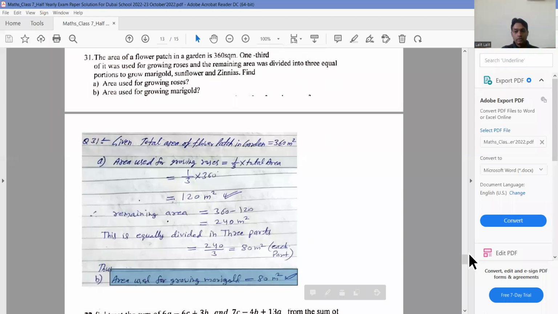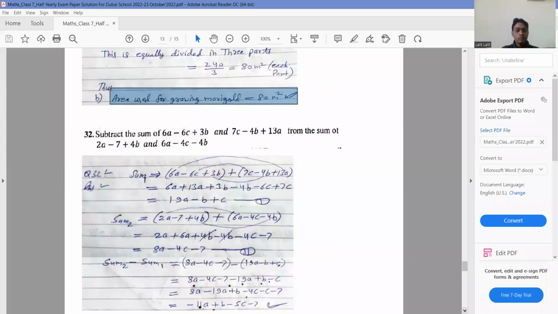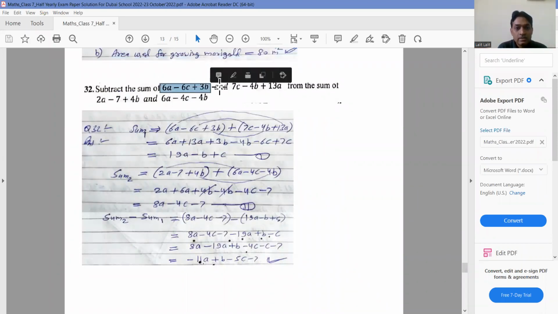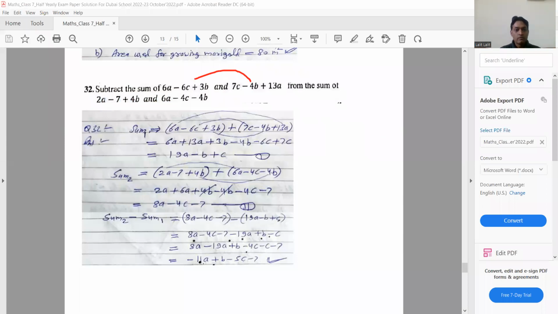Now, question number 32. So this is the third last question. Subtract the sum of this and this from the sum of this and this. First we will take the sum of these two expressions, which I have mentioned as sum 1.